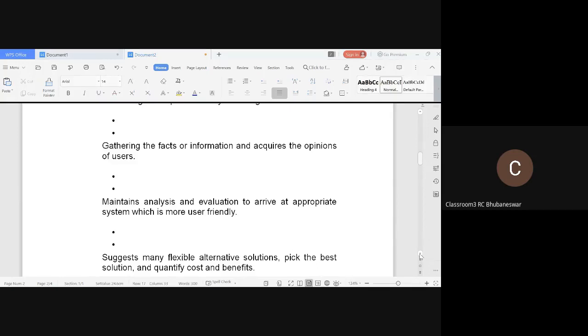You can take the example of some software. I am very sure you visit many bank websites. Some banks offer very user friendly websites, and some are complex.